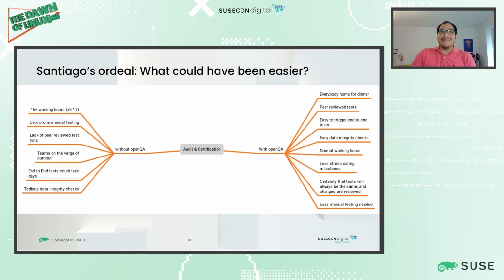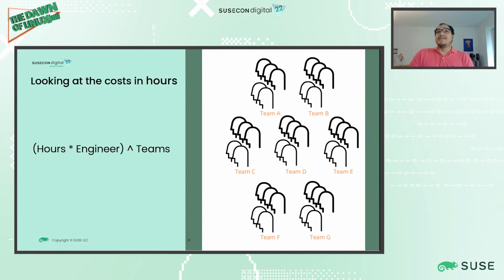And just to give you an idea, we were working around 16 hours a day, depending on the time, and it was 16 hours a day per engineer across seven multiple teams, because we have multiple levels of testing, and there was one team in particular that was in charge of testing everything all together. So just imagine how expensive that is in terms of people and in terms of money.